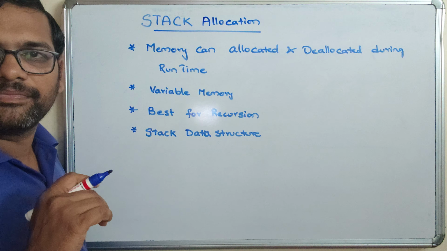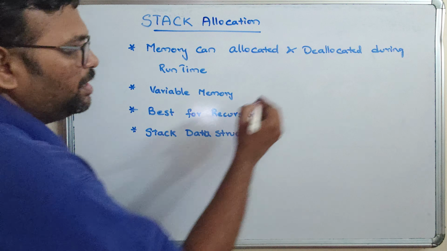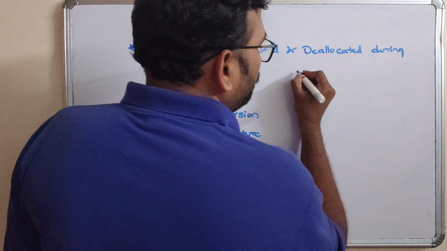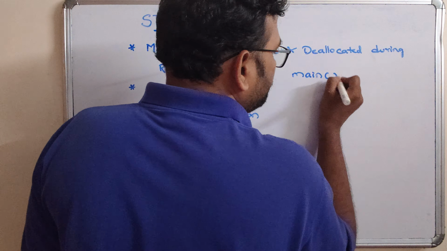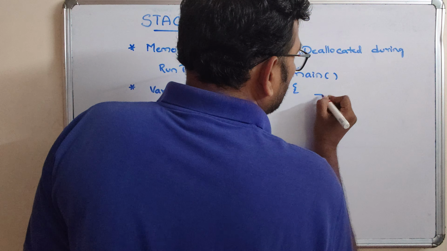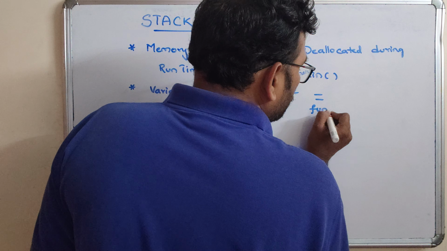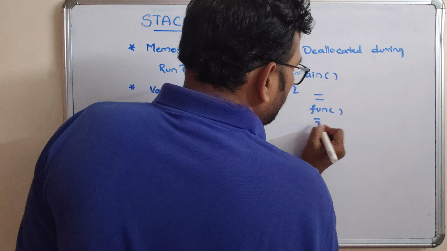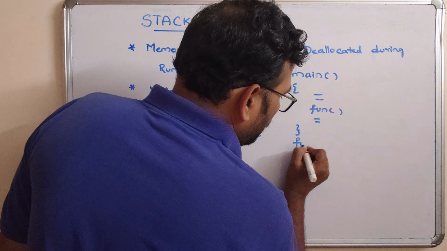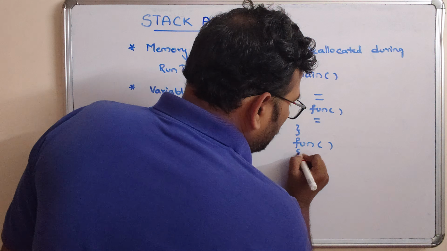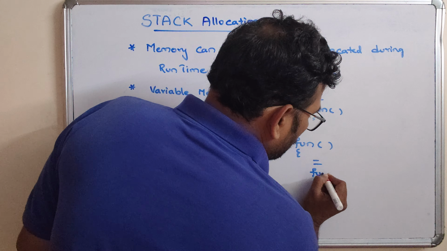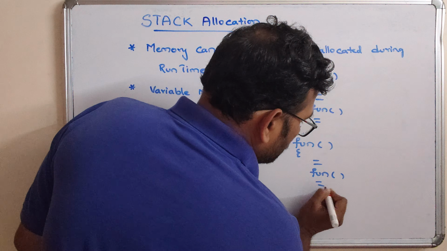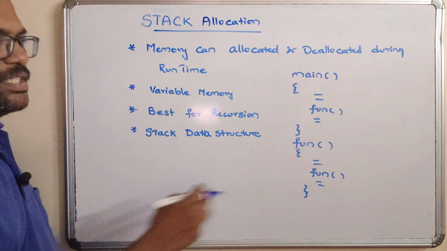Let us write a small function. I'll write a main function here with some statements and a function call, and again we will write the function definition with some statements, and a function call, some statements, and close. So this is a recursion.